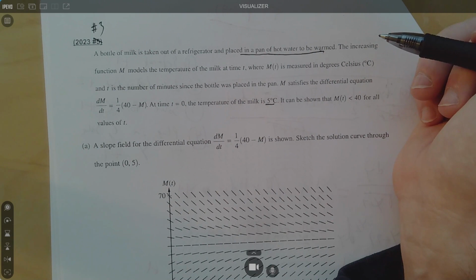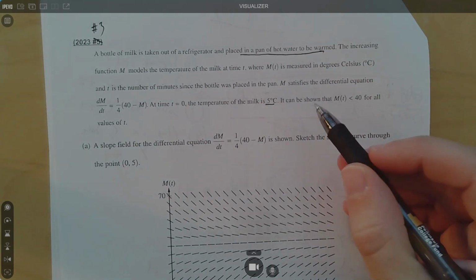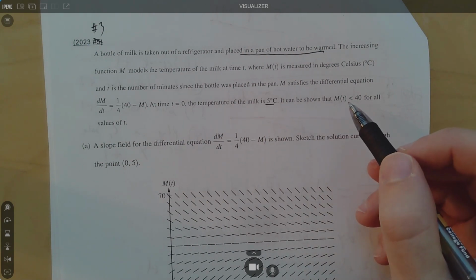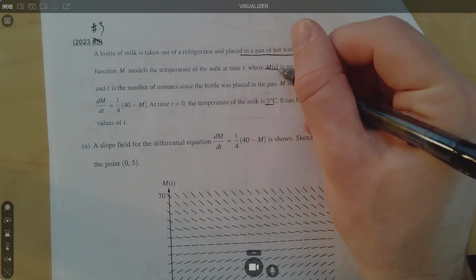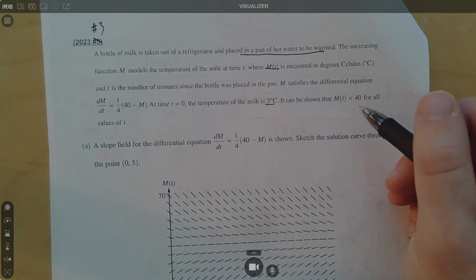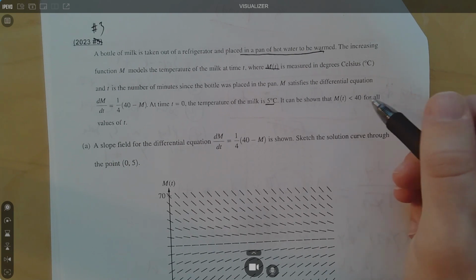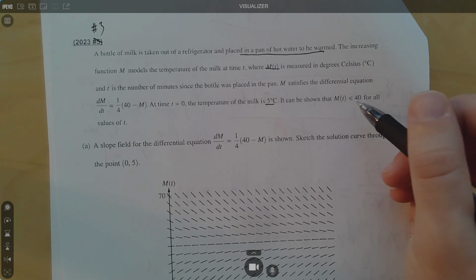And it can be shown that m of t, the temperature, is less than 40 for all values of t. So m of t never goes above 40. The temperature should never go above 40 degrees. That's what that's saying here.